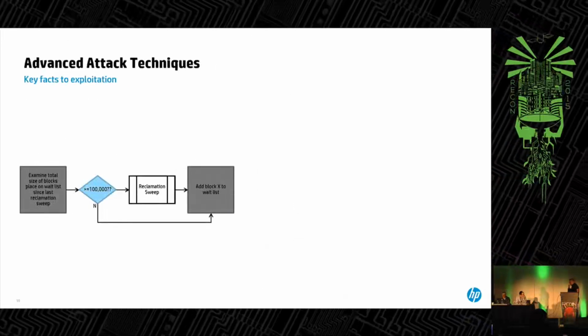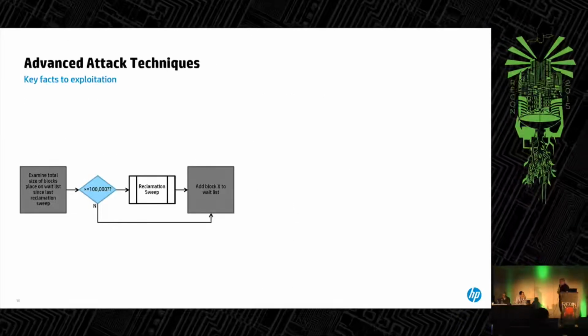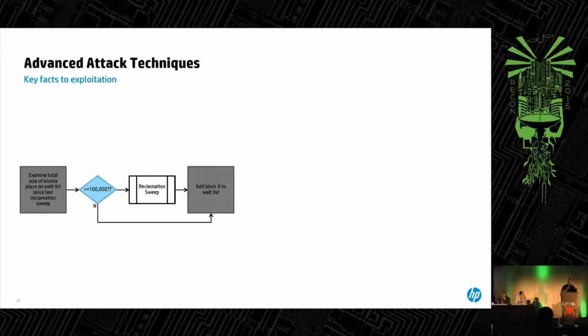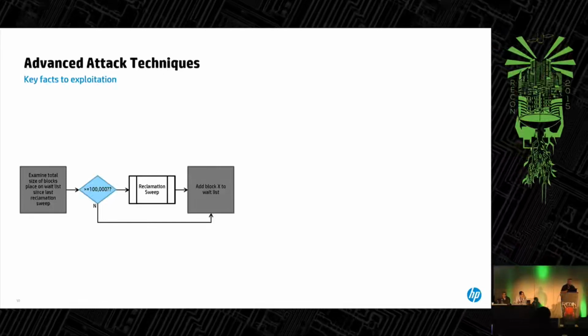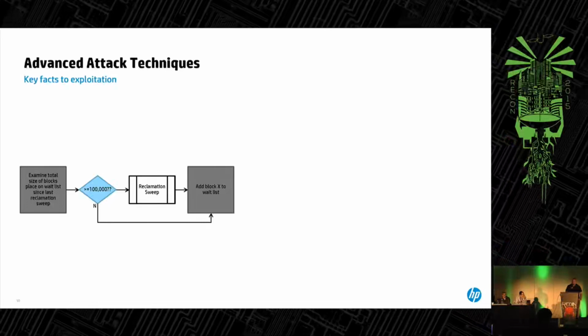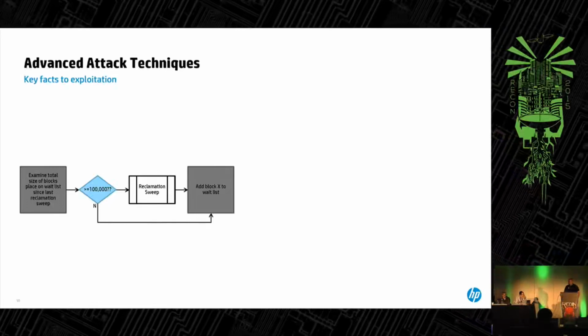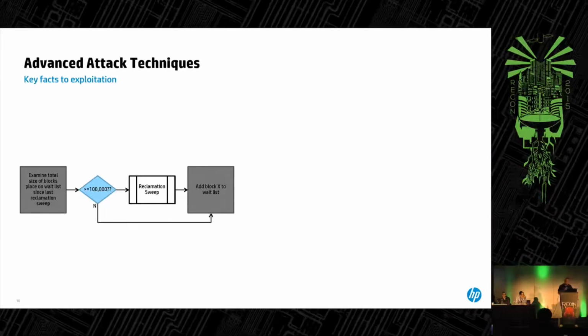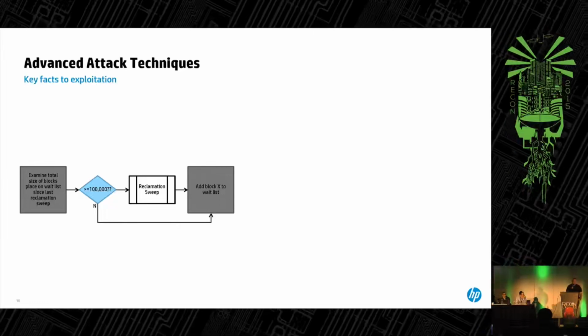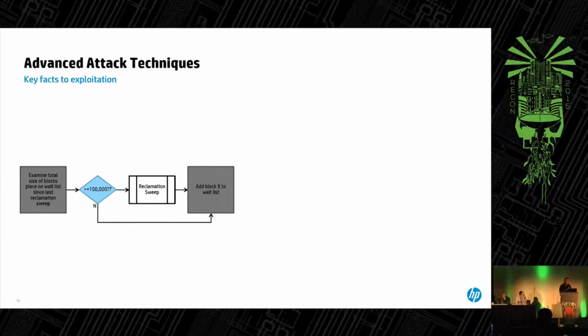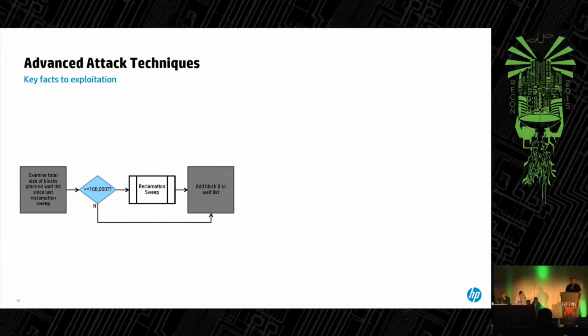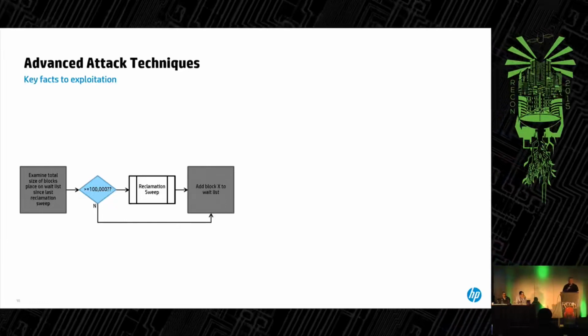So what do we want to do? We want to be able to remove the non-determinism. We want to be able to delay deallocation. And so what are we going to rely on? Well, we're going to rely on the fact that memory protection first checks the size of the wait list before it performs a reclamation sweep, and only afterwards does it add the current block to the wait list.